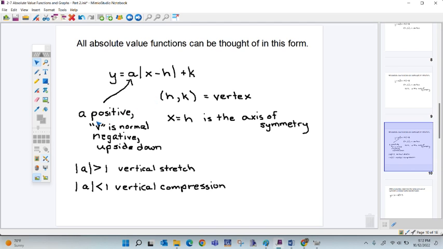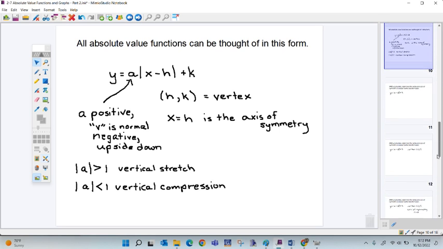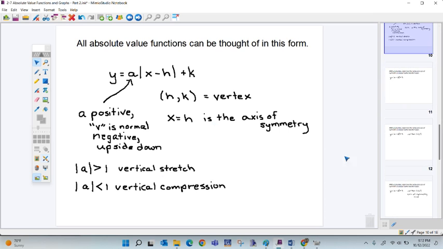If it is a negative, it will have flipped over. It'll be upside down. You would call that a reflection over the x-axis. I'm fine with you saying upside down. And if it's a fraction, it will be a compression. I want to look at some examples of this. Yes, this is written down for you, but let's look at some examples.